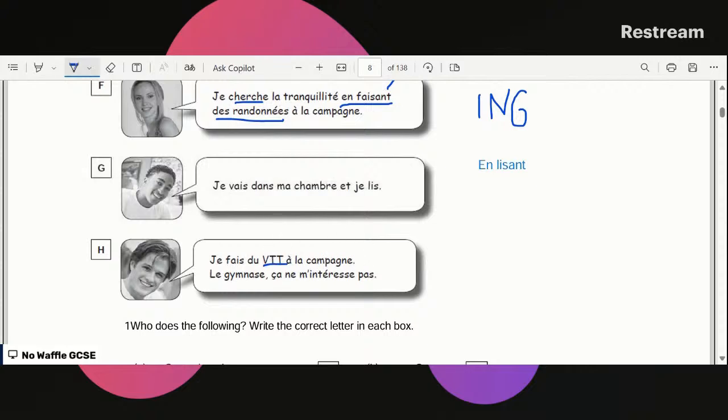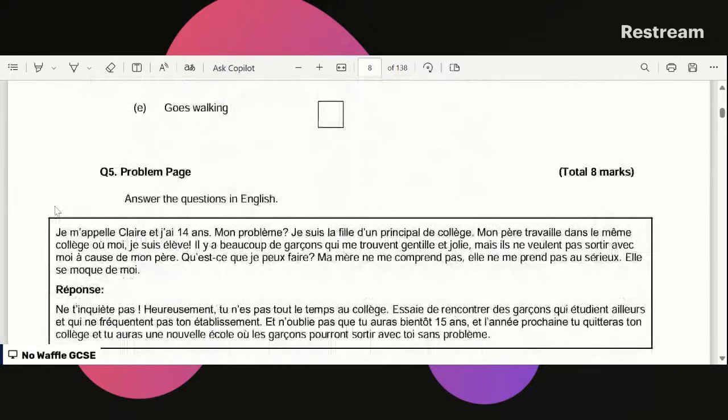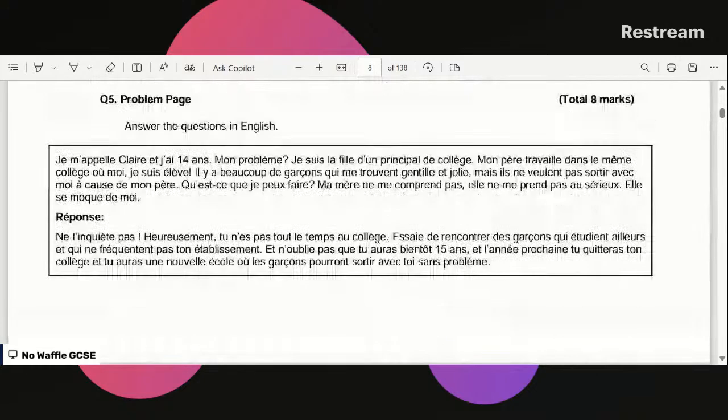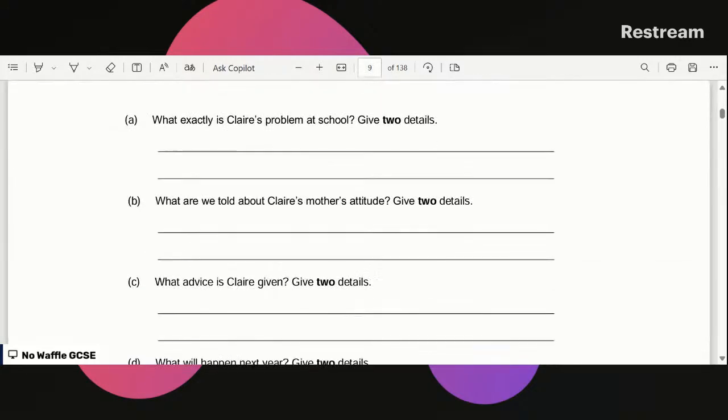The campagne means countryside, and the gym, it doesn't interest me. Okay. Let's now continue on. So answer the problems in English. What exactly is Claire's problem at school? So we're going on to the next topic of school.